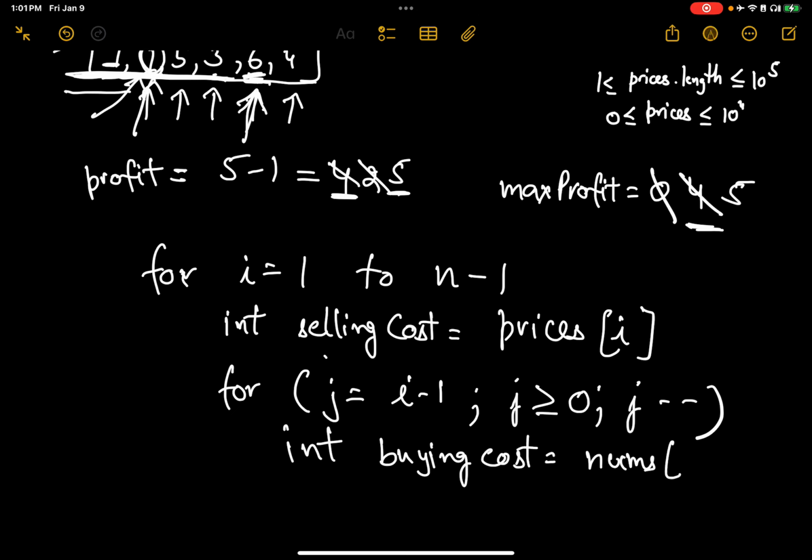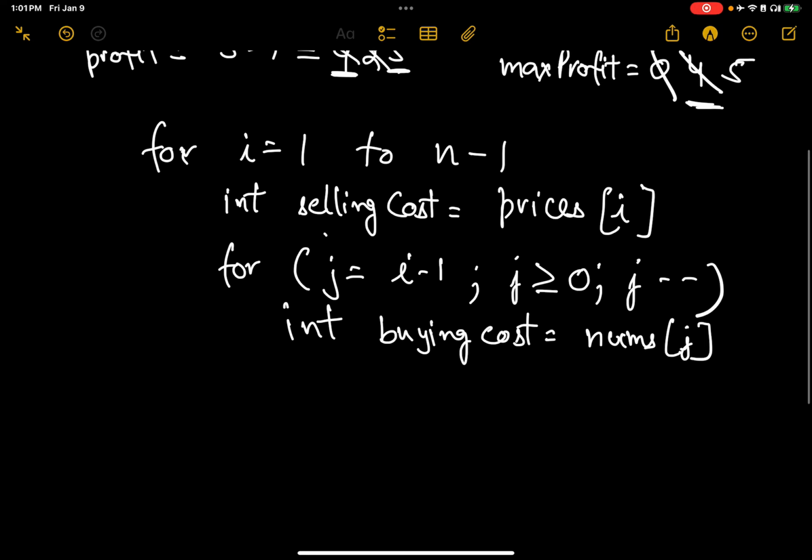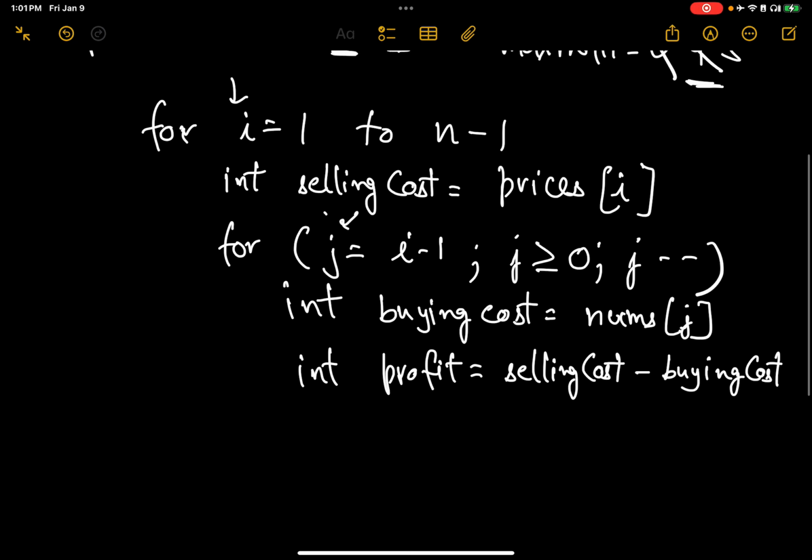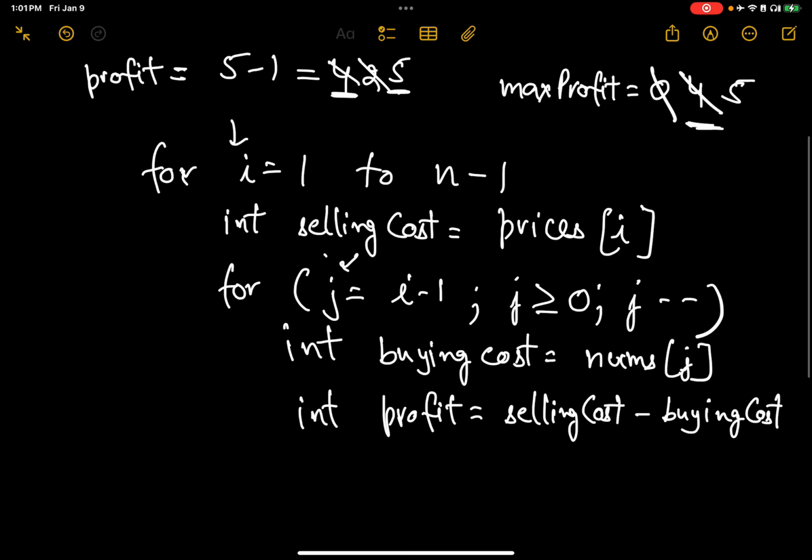Okay, so now if you notice, my profit from this transaction would be whatever I'm selling it for minus what I'm buying, right? So this will give me the profit if I sell on this day and if I buy on this day, right? So now I'll be having a max profit.